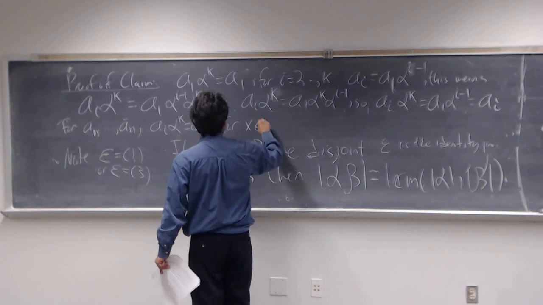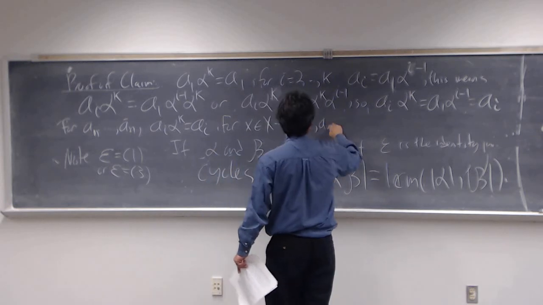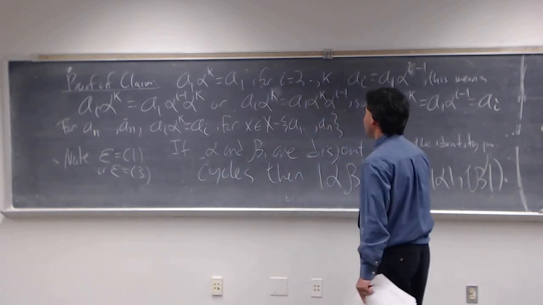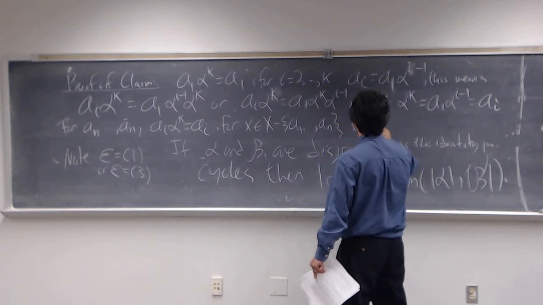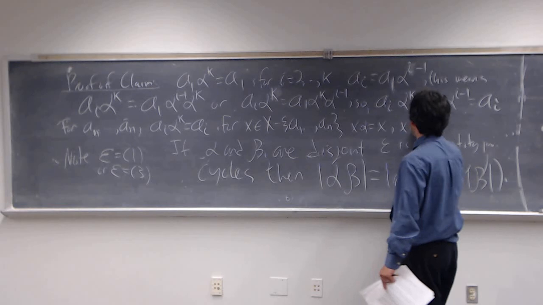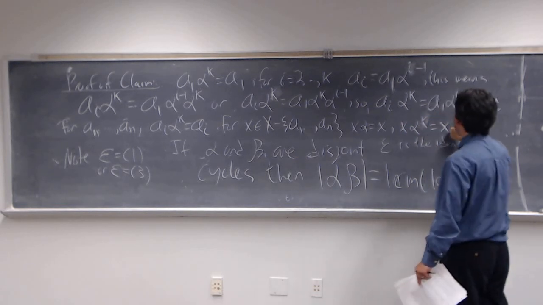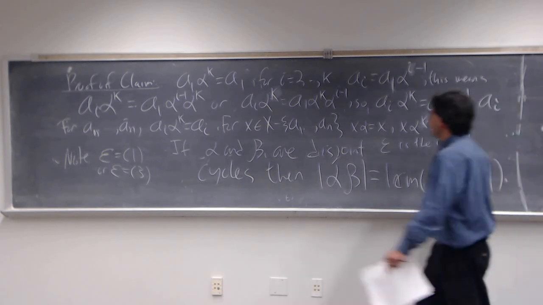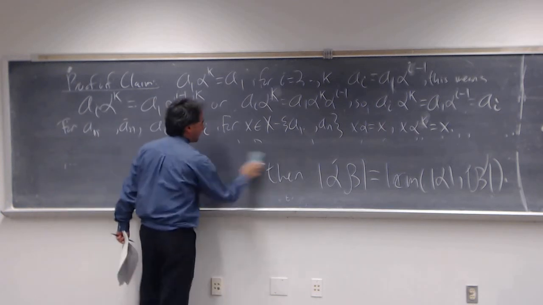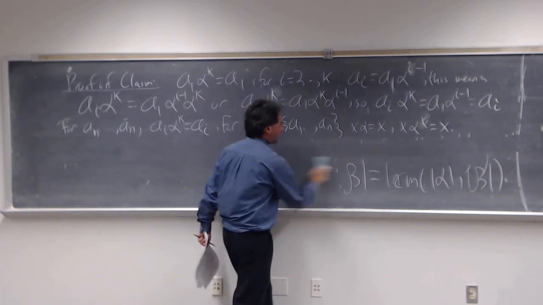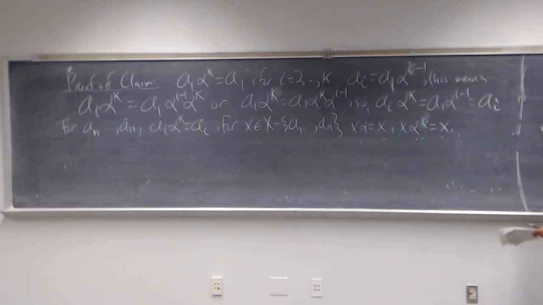And for x in X but not equal to these elements, x alpha is just x, so x alpha to the K is still going to be x. So if we hit everything in the cycle with alpha K times, it does nothing, we get that element back. If we hit everything that's not in the cycle with alpha any number of times, we get that back.